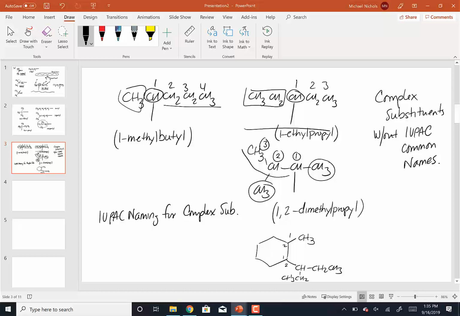Methyl or 1-ethylpropyl? So that's why I would name this methyl, and in parentheses, 1-ethylpropyl. So alphabetization is going to be critical in this case. I'm going to start numbering at the first alphabetized substituent.